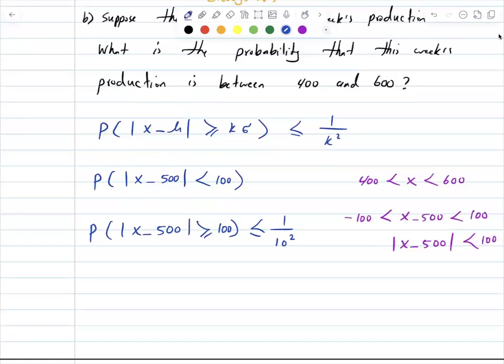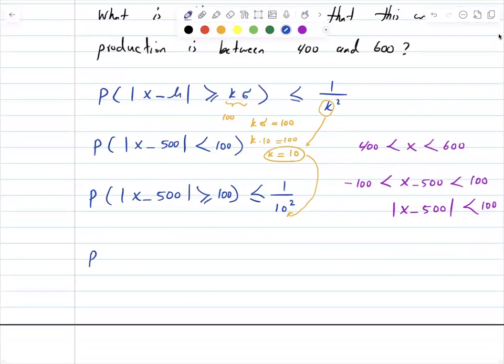Basically here, when you're doing the calculation for k and sigma, this is equal to 100. So k times sigma is 100. At the same time, we know sigma, which is the square root of 100, is 10. So k times 10 is equal to 100, and k becomes 10. So that's how you get 10. To get 10 squared, basically just do the substitution.